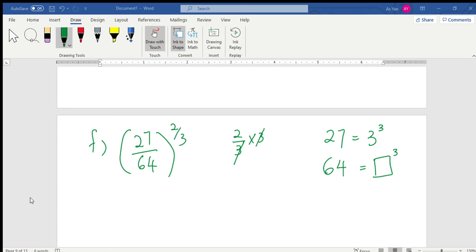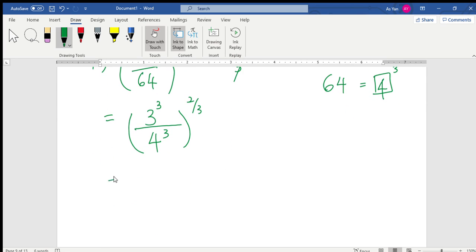Why not we try 4? 4 to the power of 3, yes. So 4 to the power of 3 is 64. So this 4 to the power of 3 will be substituted below the 64. So 27 is 3 to the power of 3 over 4 to the power of 3, raising the power of 2 over 3.